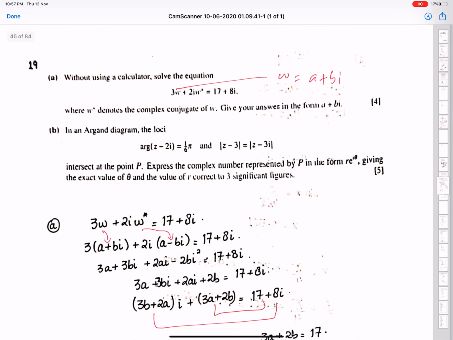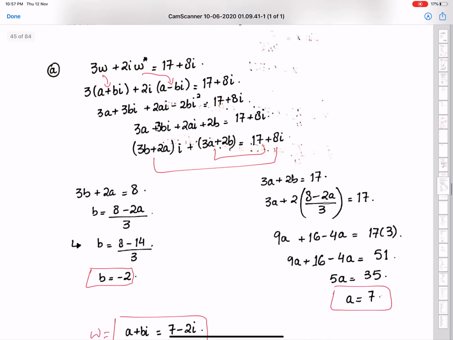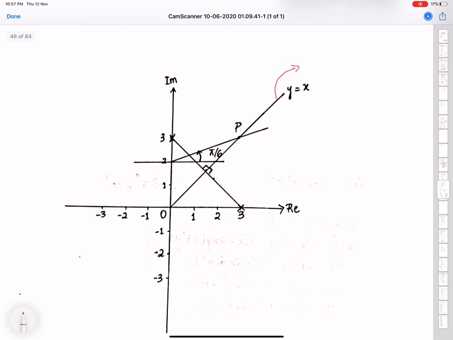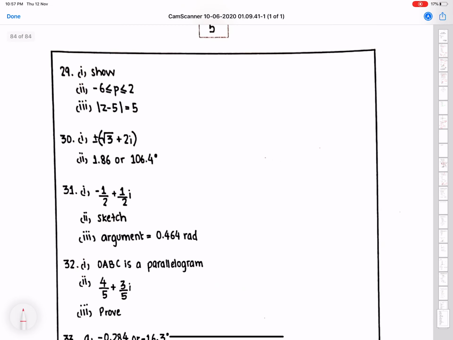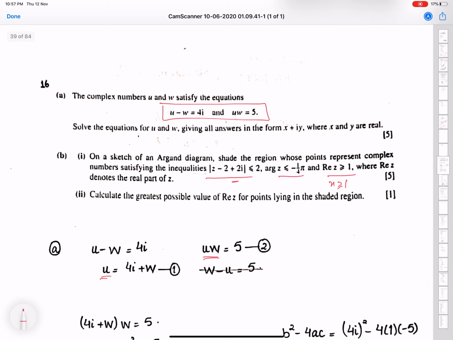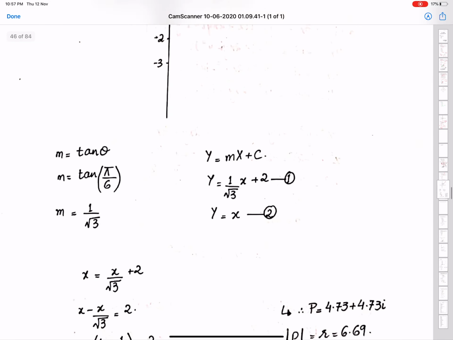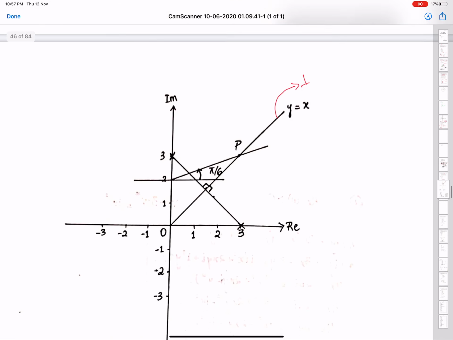Now this is the argument line from 2i and this is the bisector. Question number 19, I guess. Yeah, this one.